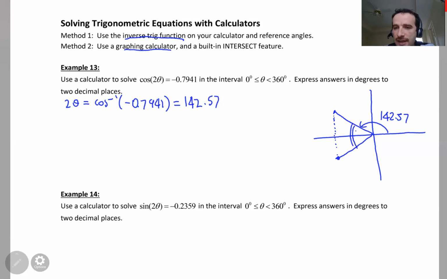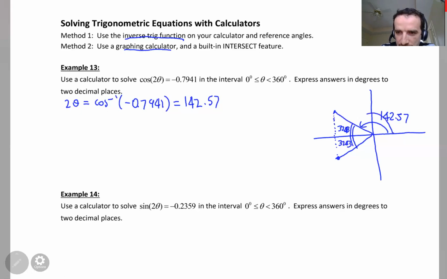And what is this angle here? One straight angle is 180, so 180 minus 142.57, which is 37.43. So one angle is 37.43, and this angle is also 37.43.